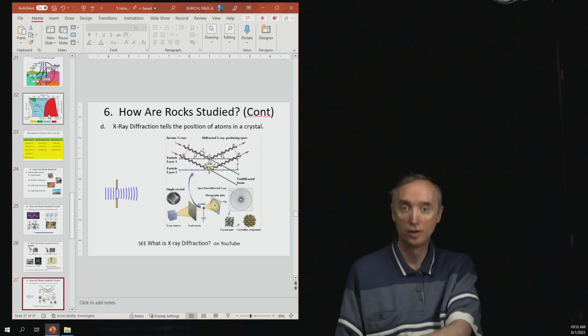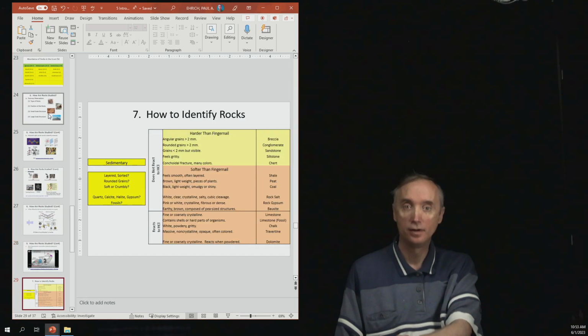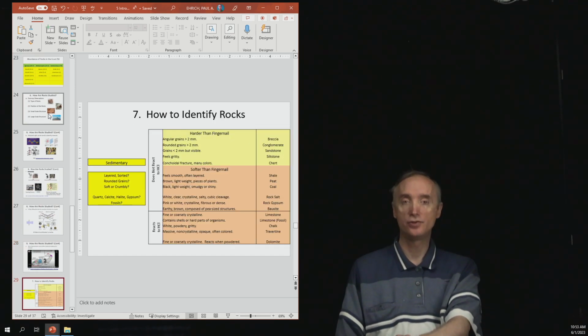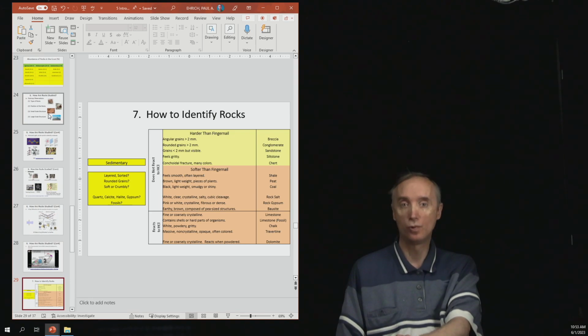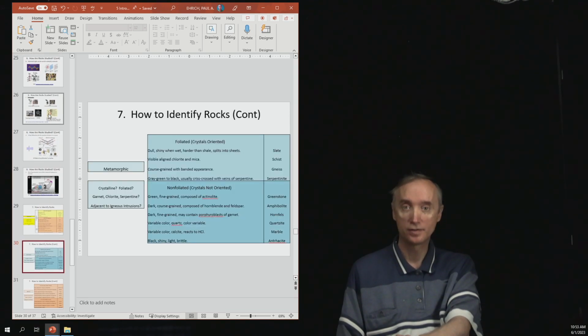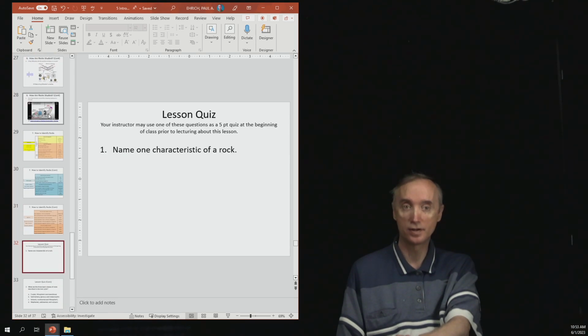Then this is just a general chart that you could use if you are out in the field to determine whether a rock is an igneous, metamorphic, or sedimentary rock. So this is not going to be on the exam.